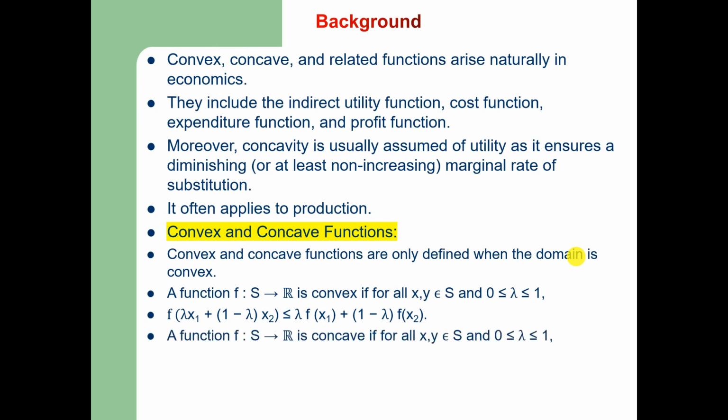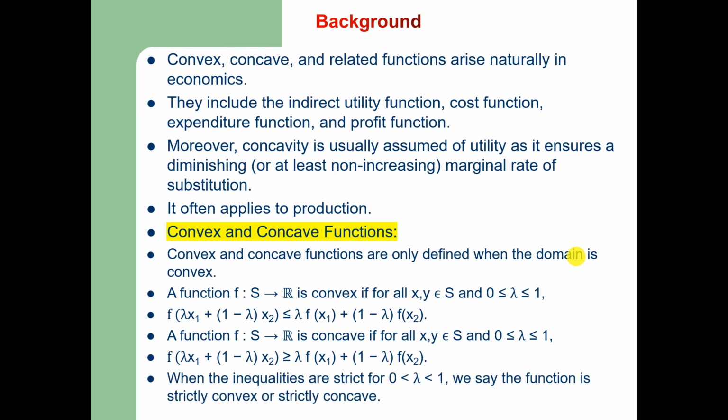A function f mapping the domain S into R is concave if for all x, y in S and 0 is less than or equal to lambda is less than or equal to 1, then f of lambda x1 plus 1 minus lambda x2 is greater than or equal to lambda f of x1 plus 1 minus lambda f of x2.